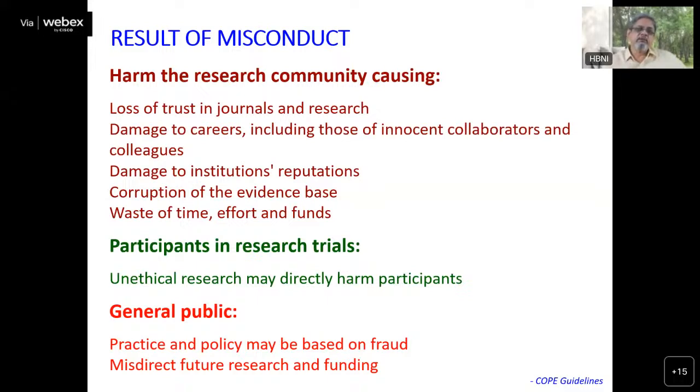The scientific policy makers read the papers, believe that they are correct, and decide their policy. They are deciding a policy based on a paper which is a fraud. In the end, it will actually misdirect the funding and even future areas of research.